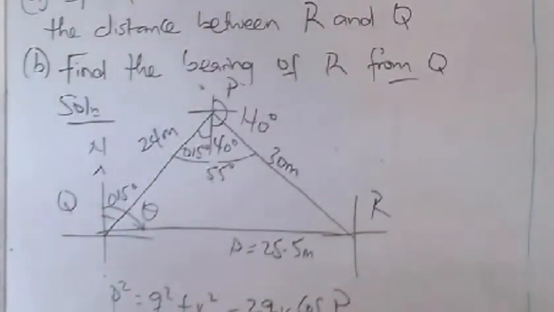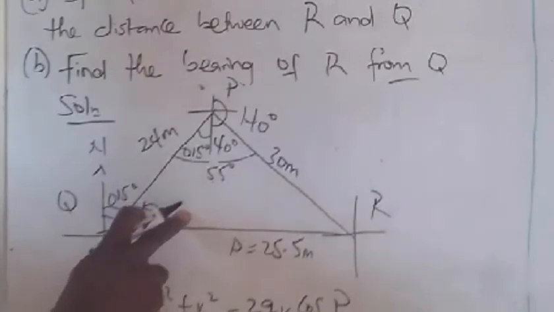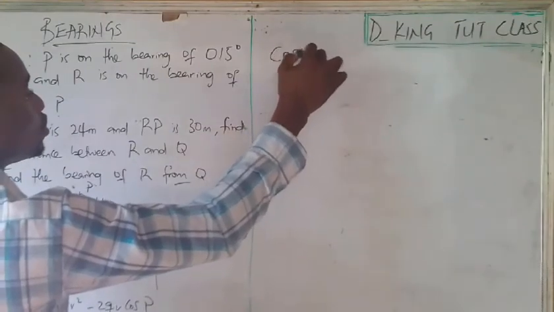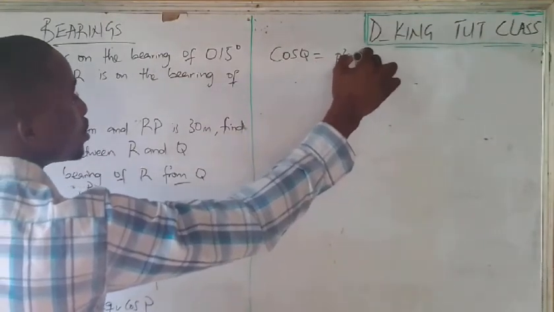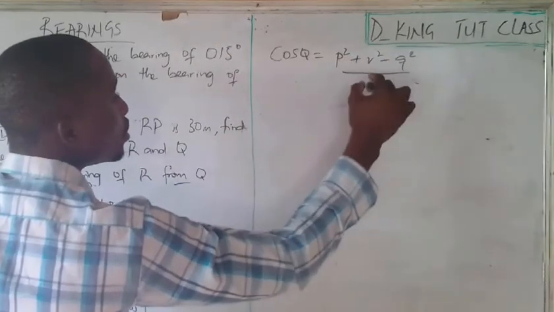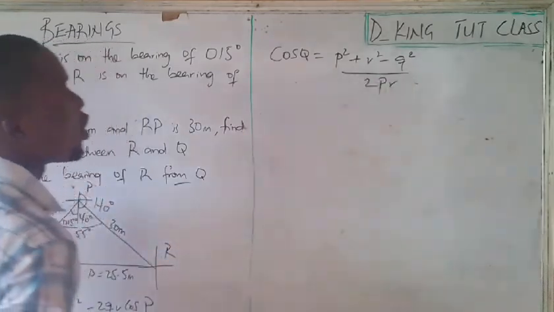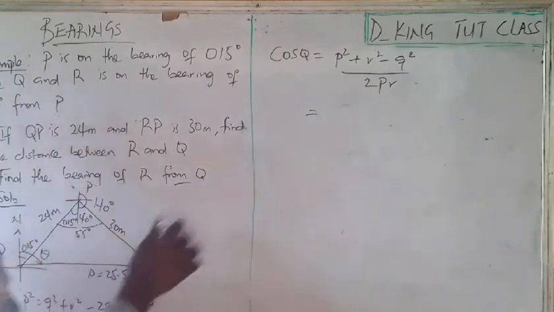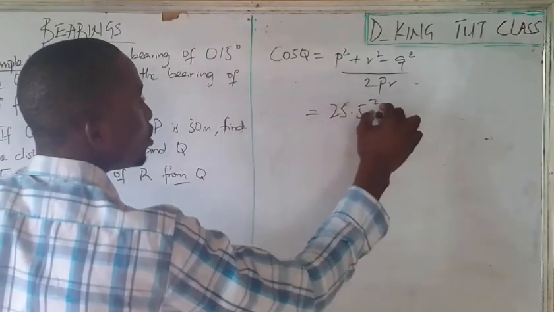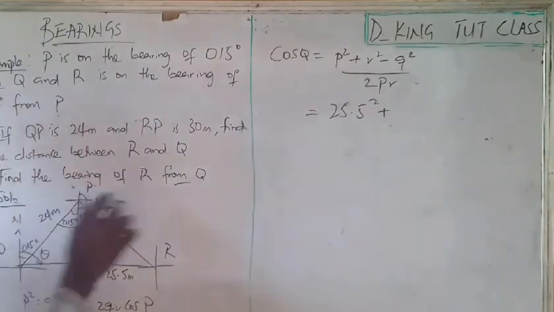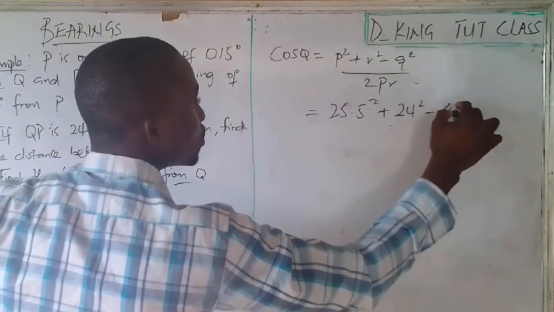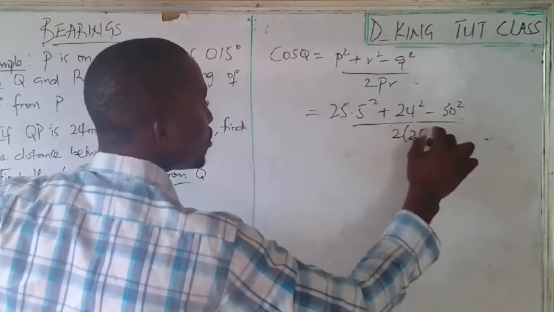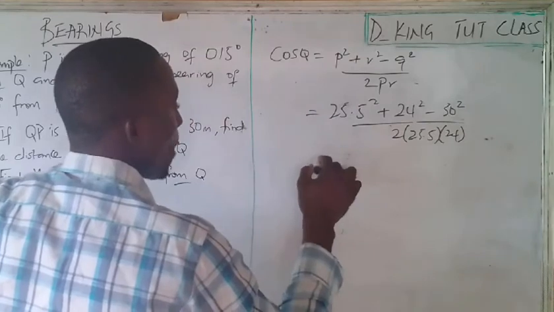Now, to get that, I can also use the cosine rule for angle Q. In this case, cos Q equals small p square plus small r square minus small q square over 2pr. Where small p is 25.5 square plus r is 24 meters, 24 square minus 30 square over 2 into 25.5 into 24.